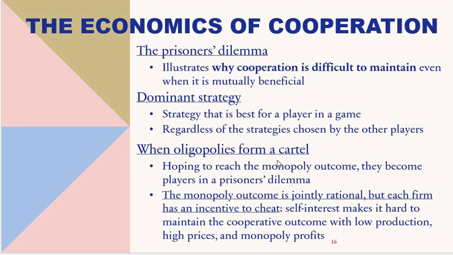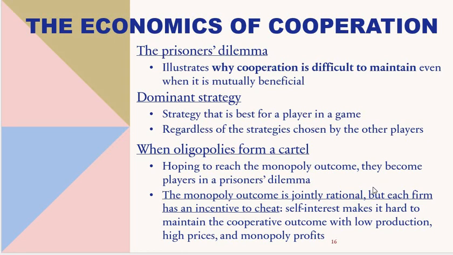So we all agree that when oligopolies form a cartel, they act as one business, and they try to go for the monopoly outcome, which is the most beneficial for each of them.